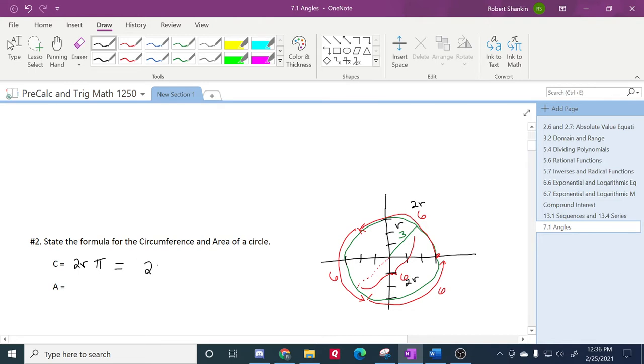We usually see it 2 pi r. Put the pi second, 2 pi, and then r in that order. But I kind of think of it as this is the diameter, and how many diameters go around the circle? A little more than 3. That's diameter.